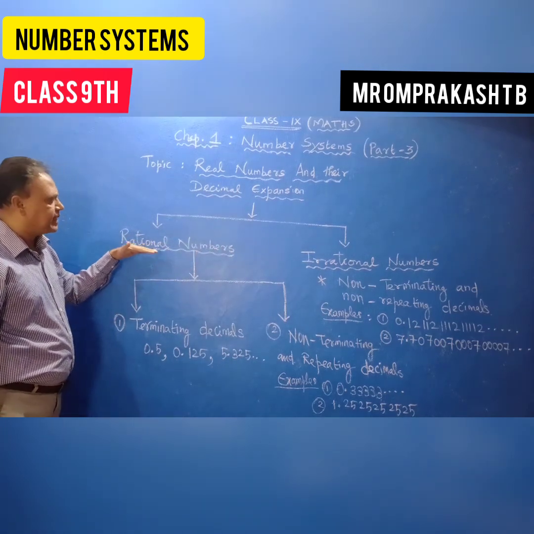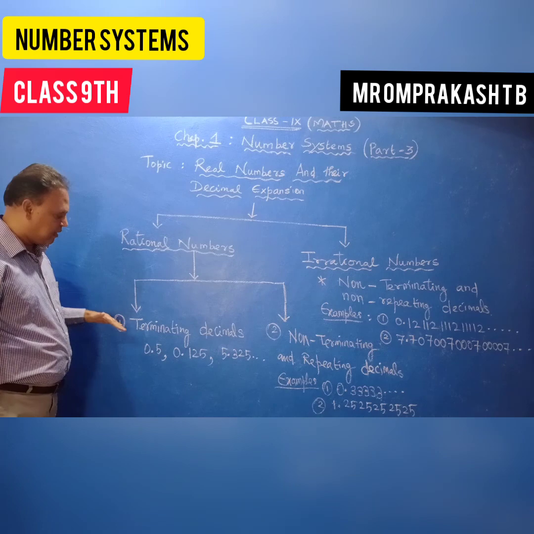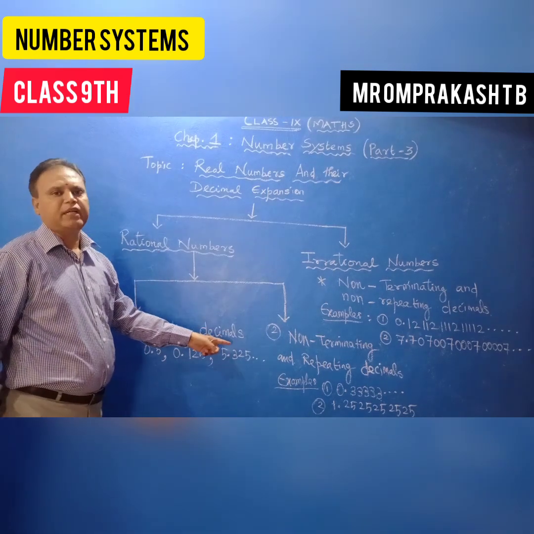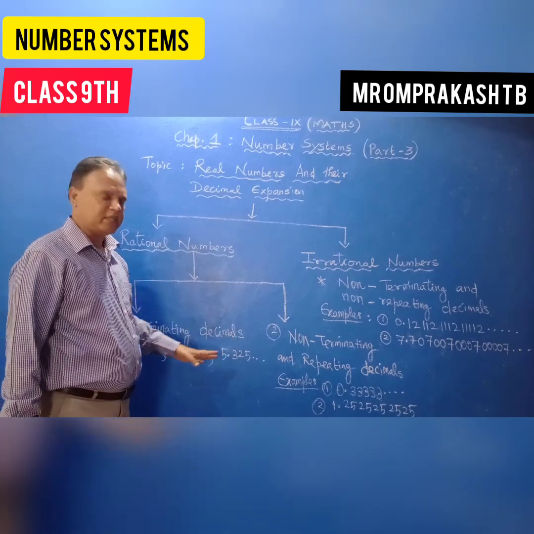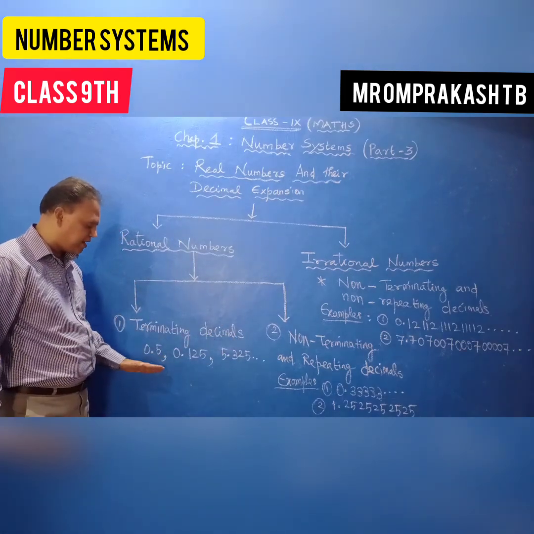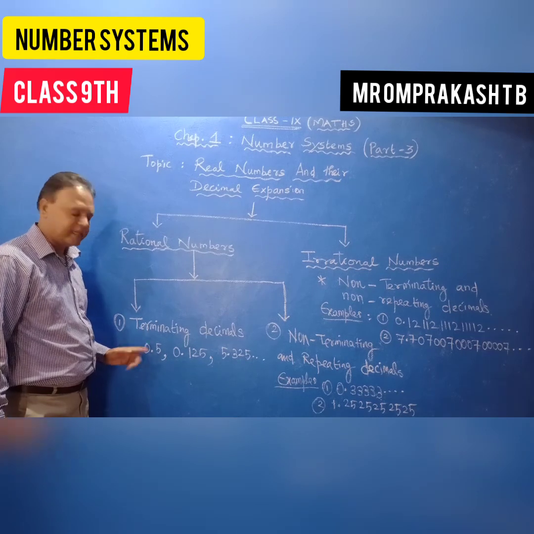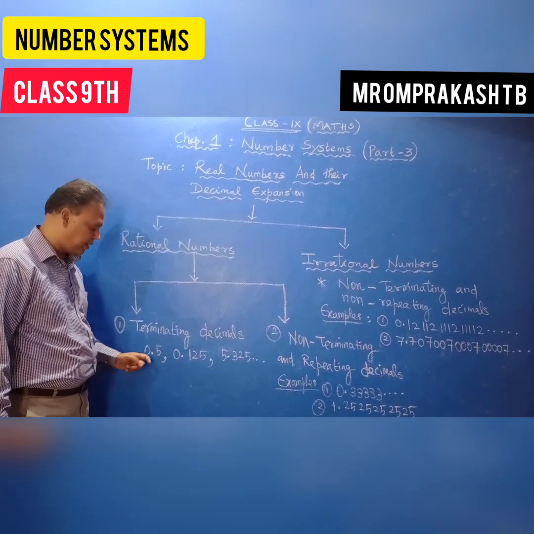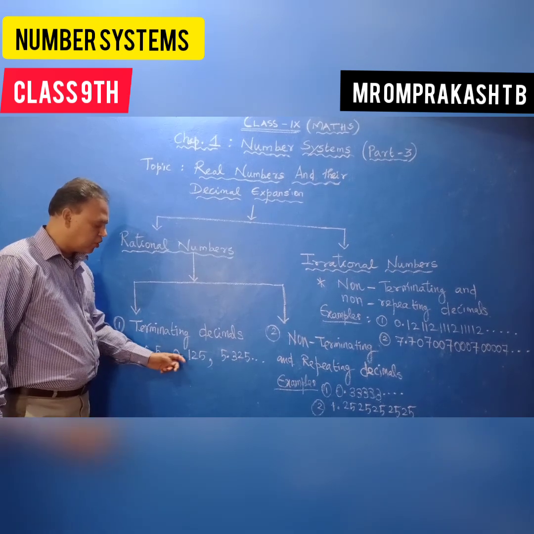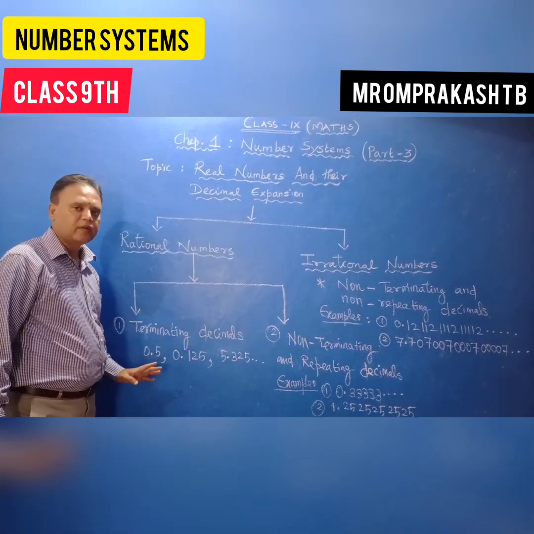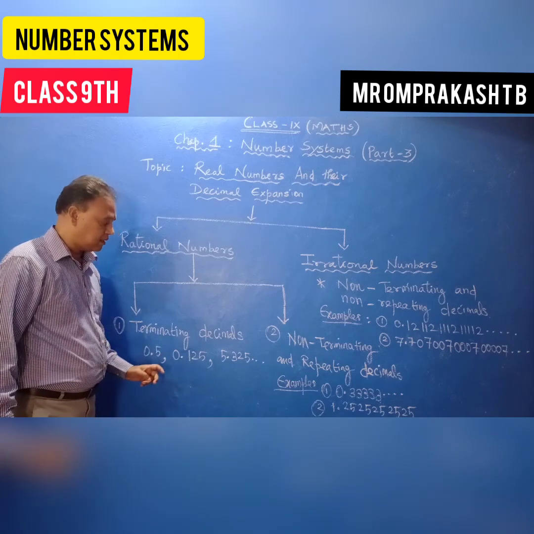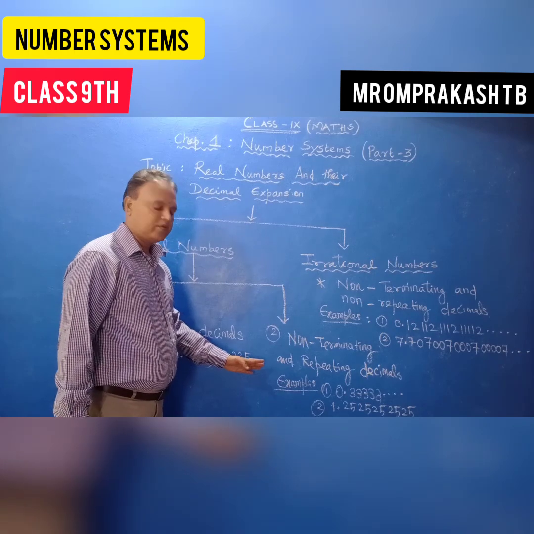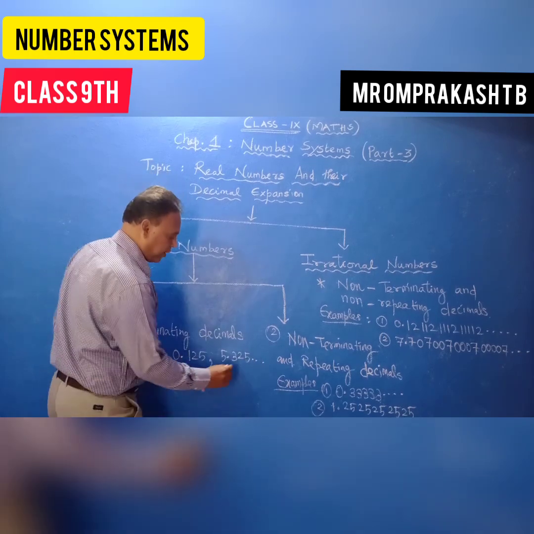Whose decimal representation is of two types. In rational numbers you have two types. One is terminating decimals. Terminating means ending, the decimal part is ending. For example, 0.5, only one decimal place, that is countable. 0.125, 3 decimal places. 5.325.